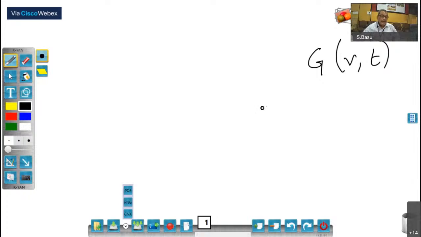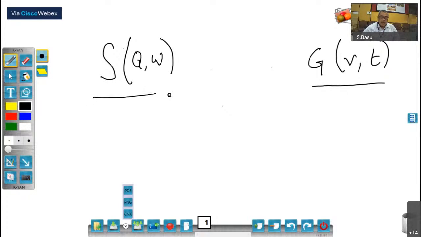Those who are familiar with quantum mechanics know the term Green's propagator. I'll come to the physical description shortly. And I have got an S of q, omega, the scattering law. This is related to d2 sigma d omega dE.